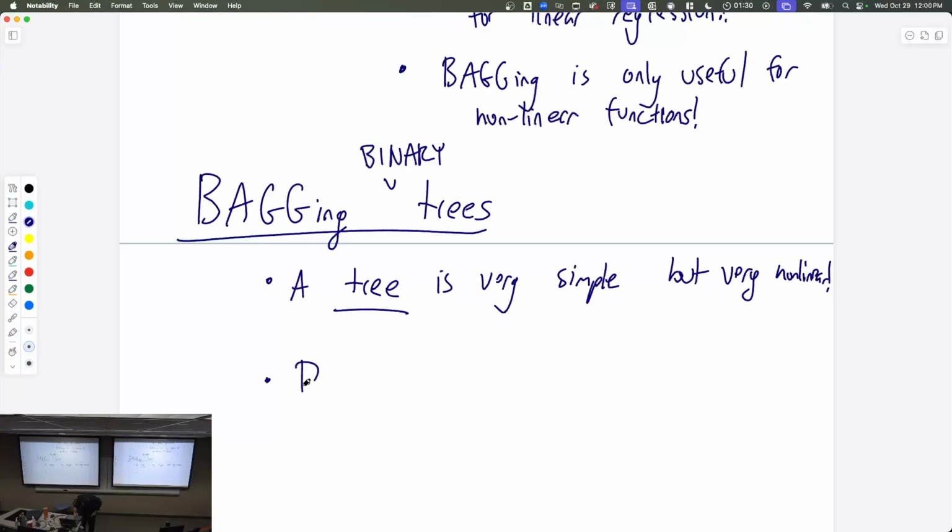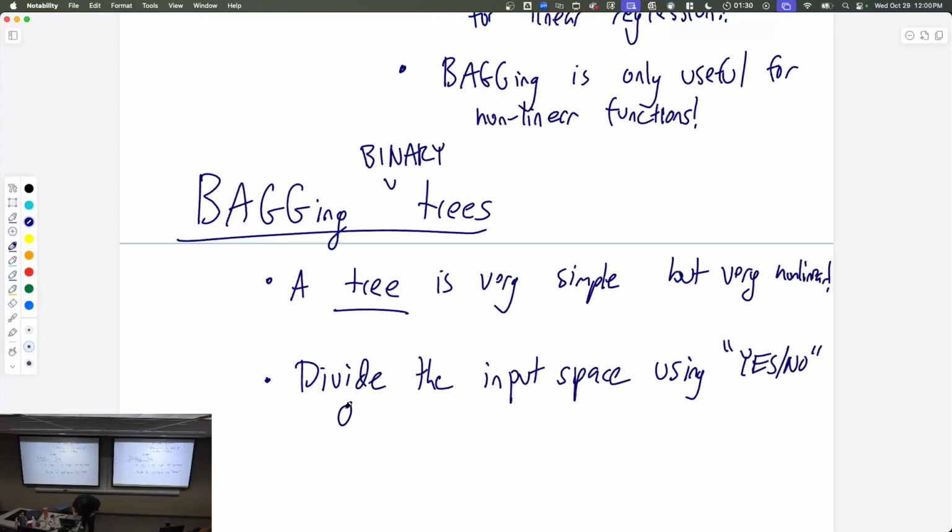So we divide the input space using yes, no questions. So that's what makes it binary. And then we assign one single value to each region.